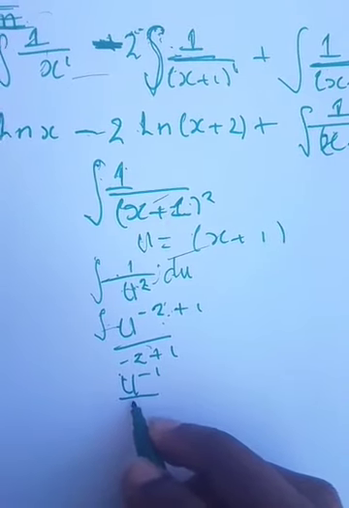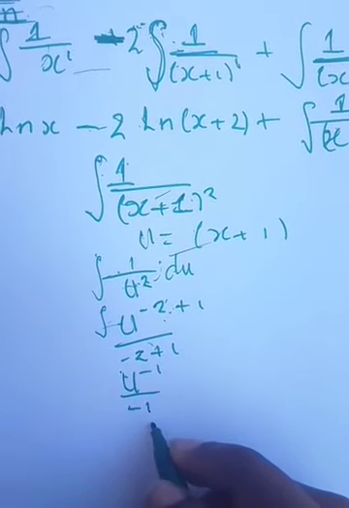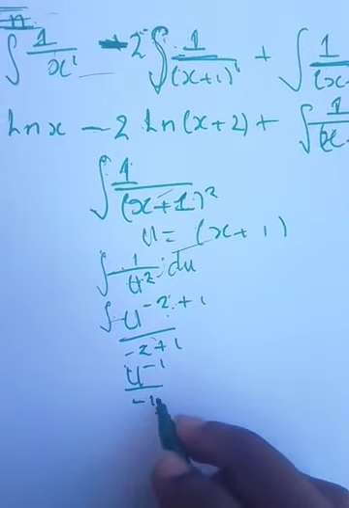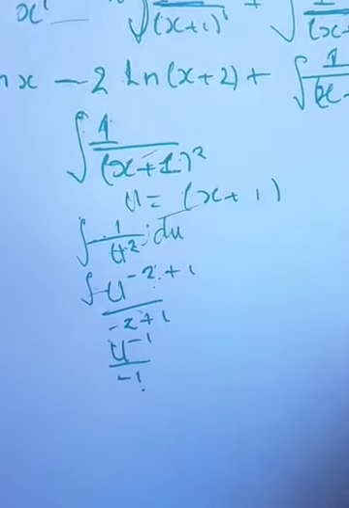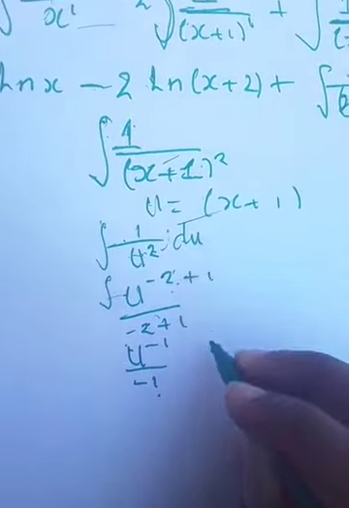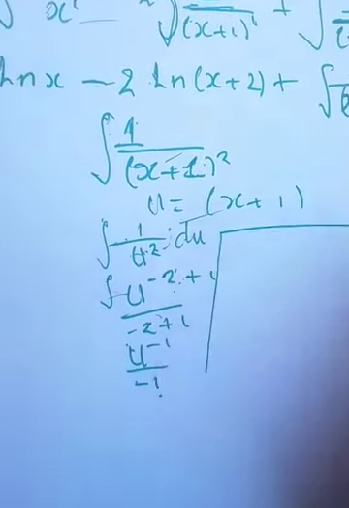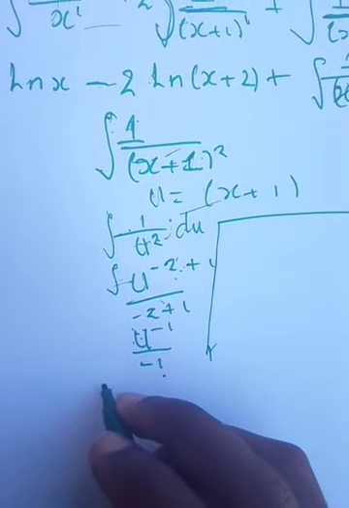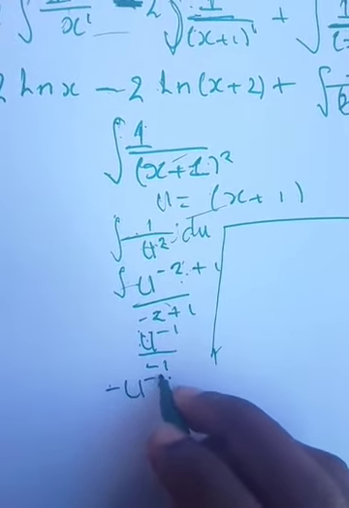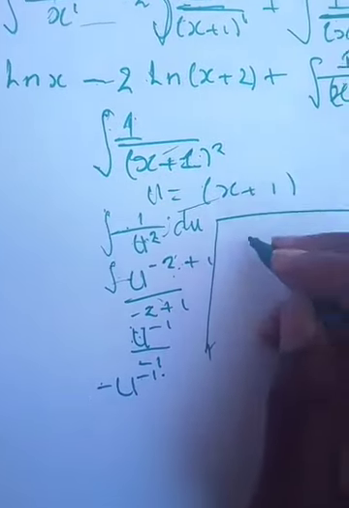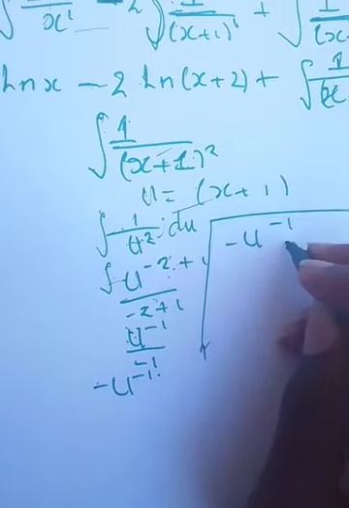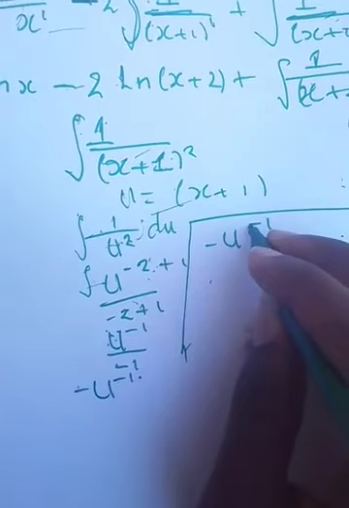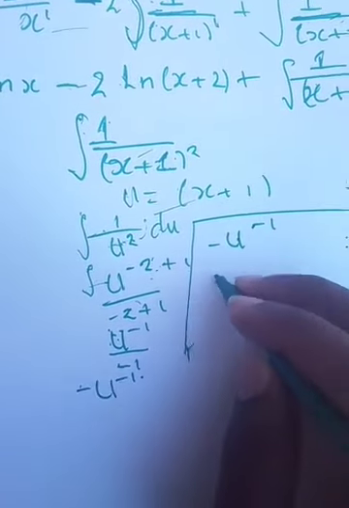And when you simplify, this is going to become now negative u power 1, right? I said that whenever you have anything raised to a negative power, you can bring it to the denominator. So it's going to be 1 over u, and the sign is going to change, plus positive 1.